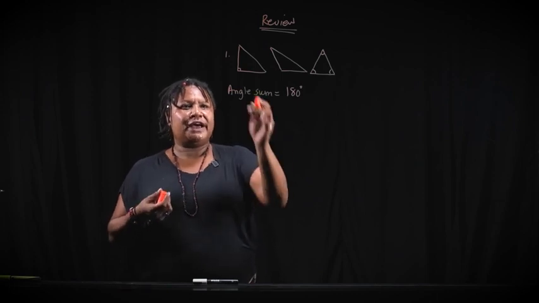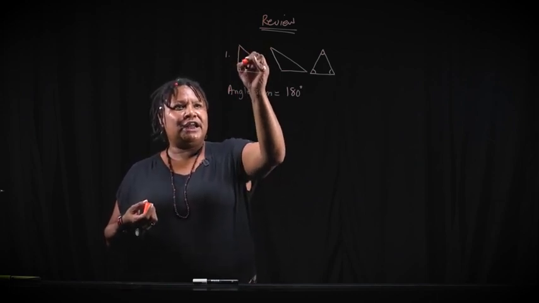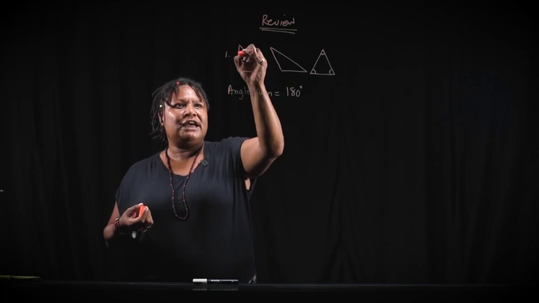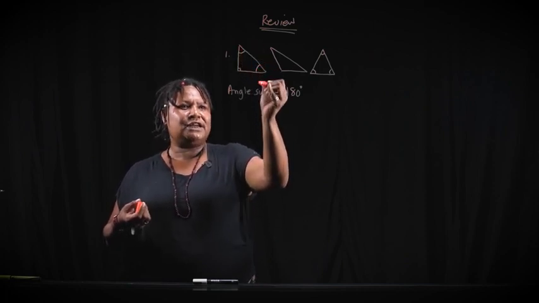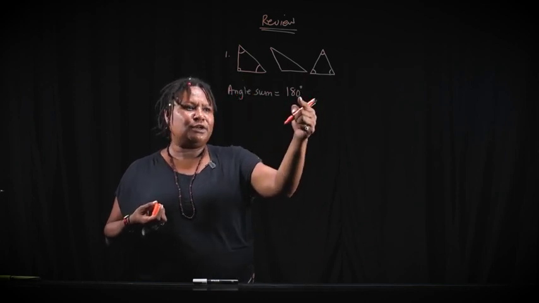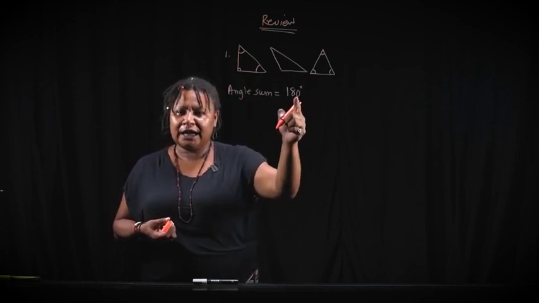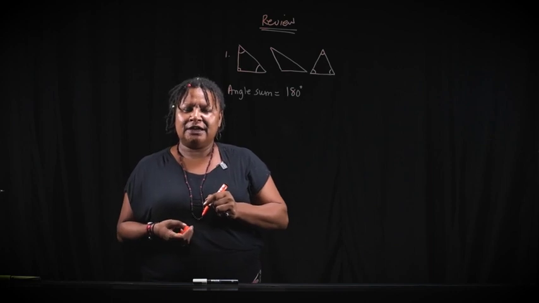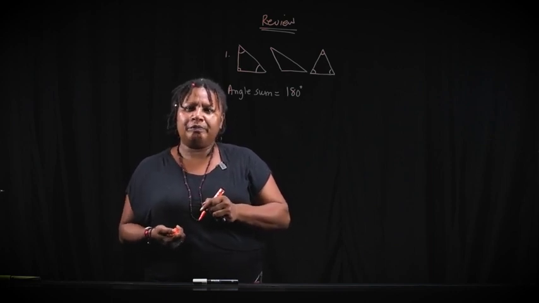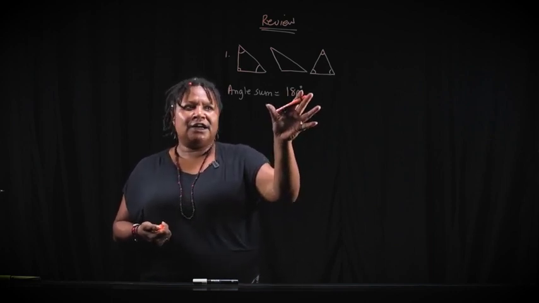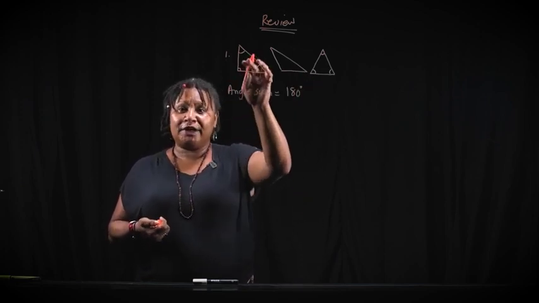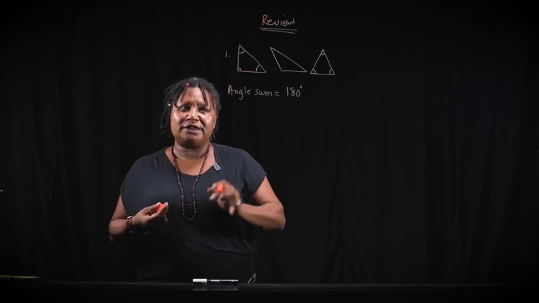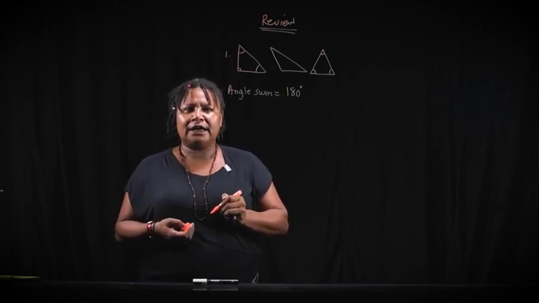So if I have a right angle triangle here, and we say this angle plus this angle plus the 90-degree angle will give us a total of 180 degrees. We can use the angle sum to find the value of any of the missing angles in a triangle.